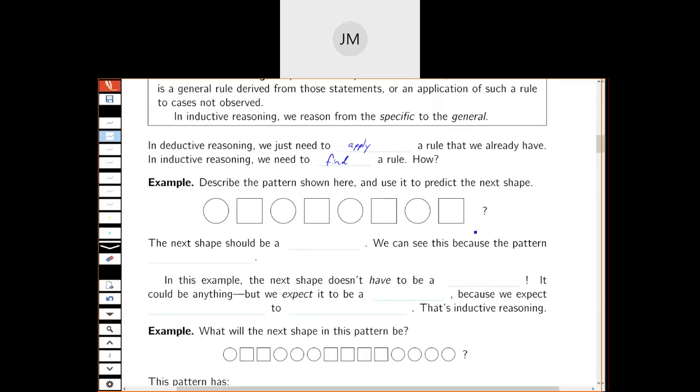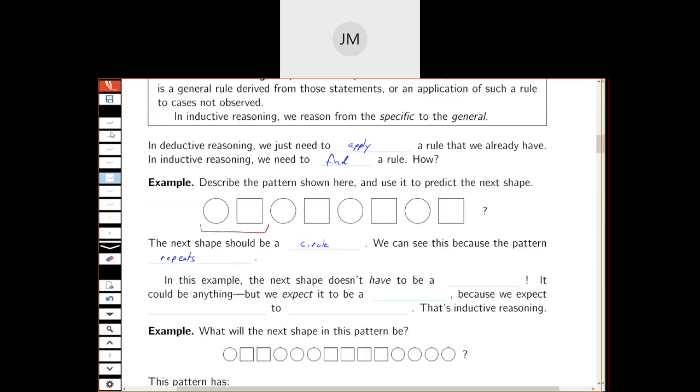Okay, and then we guess at what the next shape should be, right? And we look at this and say, I think the next shape should be a circle, because the pattern is just circle, square repeated. Okay, so the pattern repeats. Maybe I'll underline circle, square, and it keeps repeating.